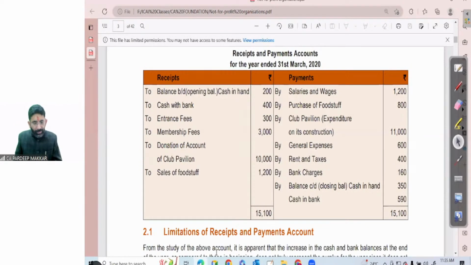I think this is clear to everyone. Opening debit balance, closing credit.